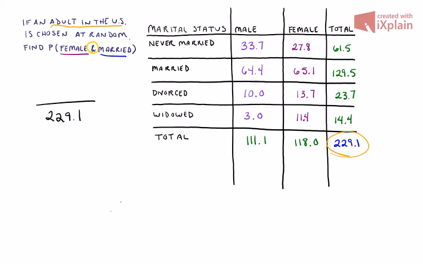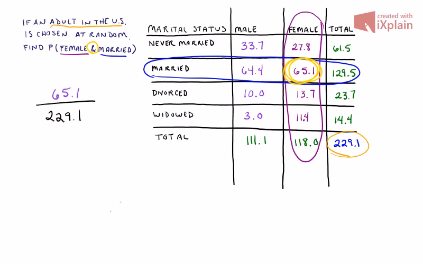So again, in this case, I would basically be saying, all right, I'm only going to concern myself with the female group, and then I want to look for the married. And where you see that overlap is who I care about. So in this case, I want to focus on the 65.1 million people. These are both female and married.